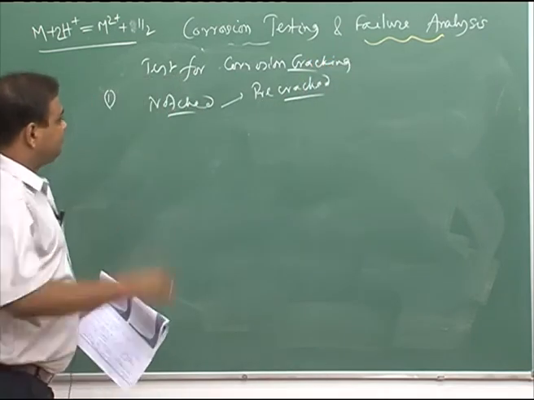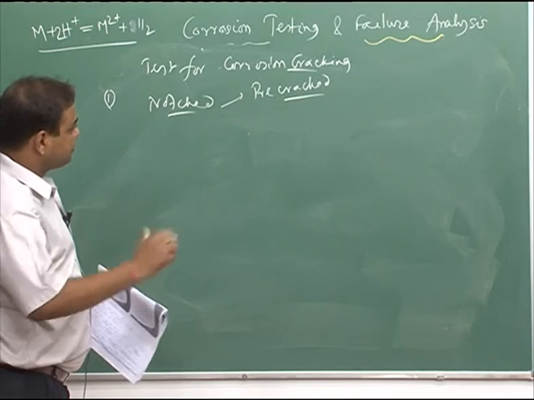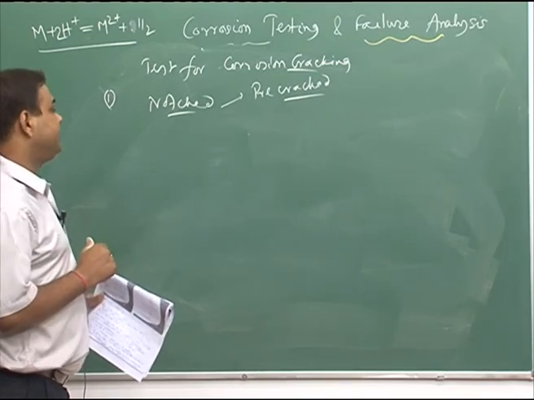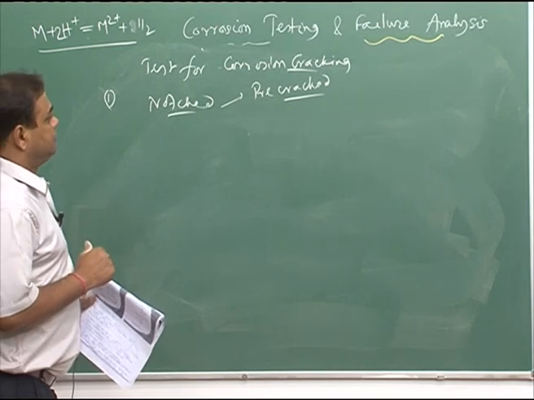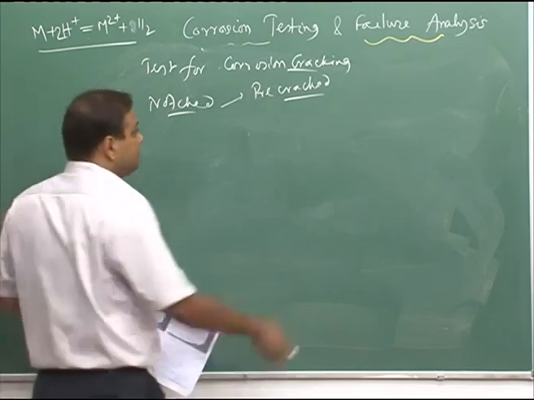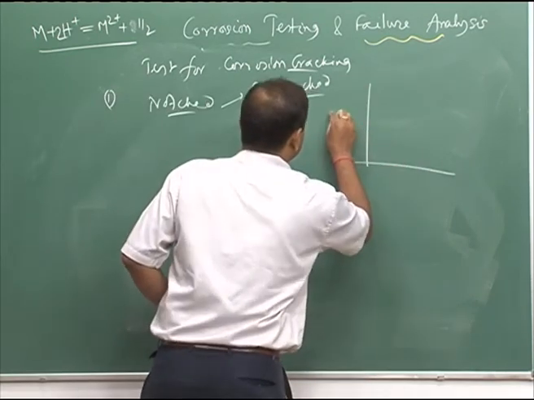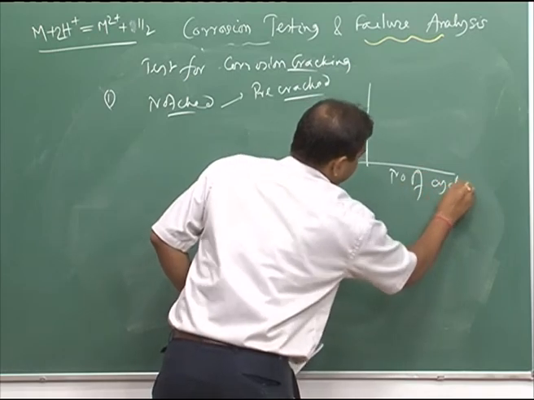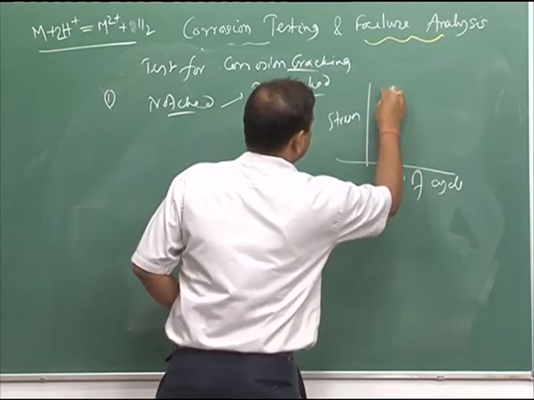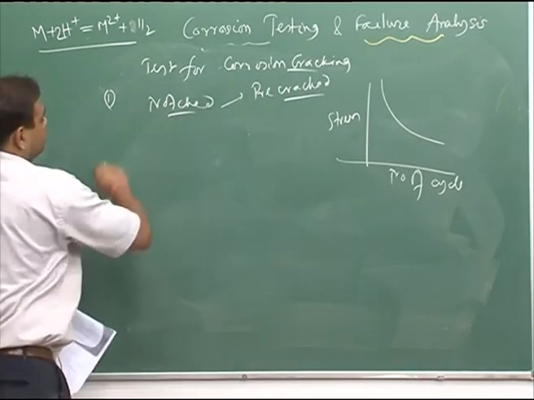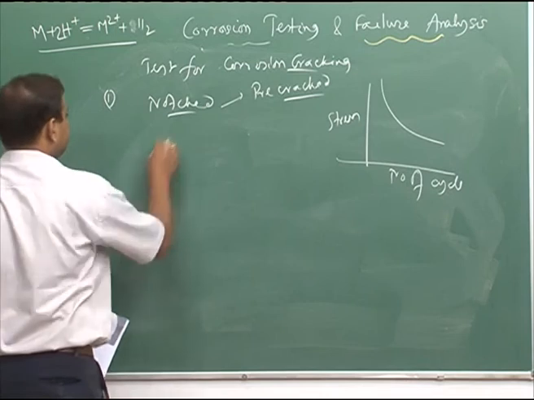If we put a pre-cracked sample in solution and rotate it and after giving a certain stress, we can find out the corrosion fatigue susceptibility of the metal, and we can get a plot like stress and number of cycles. So, we can have a plot like this. Now, this is for corrosion fatigue.